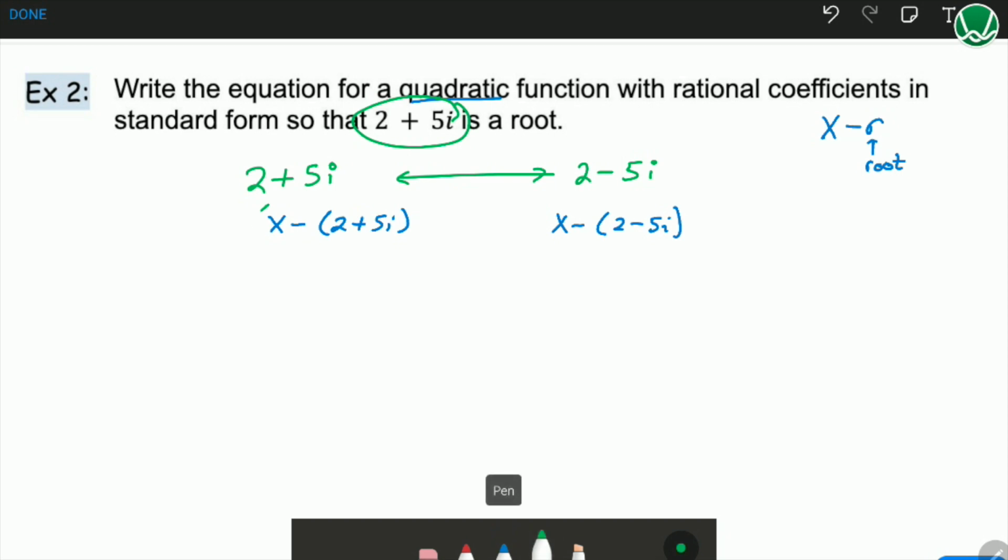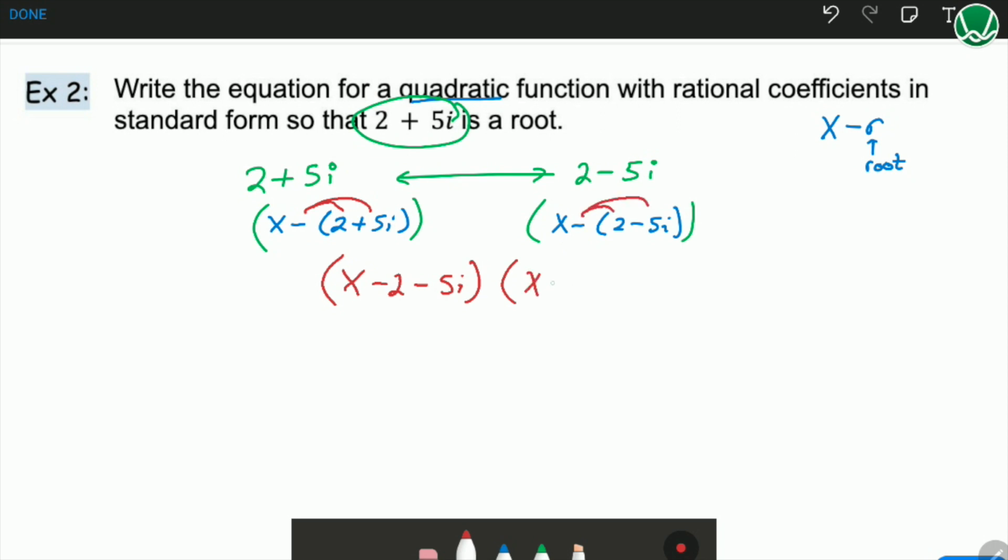Now that we have this set up, we're going to have to do some simplifying and then some distributing. So distribute our negative through. So our first factor is x minus 2 minus 5i. And then we'll distribute the negative through on this one as well. So we'll have x minus 2 plus 5i.